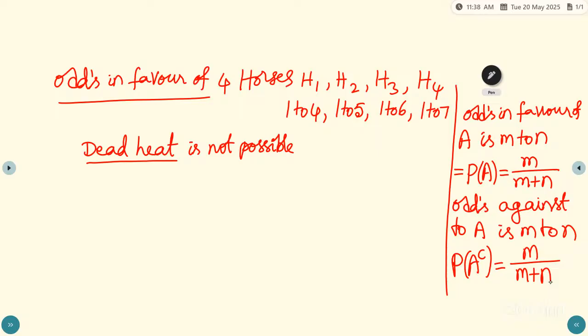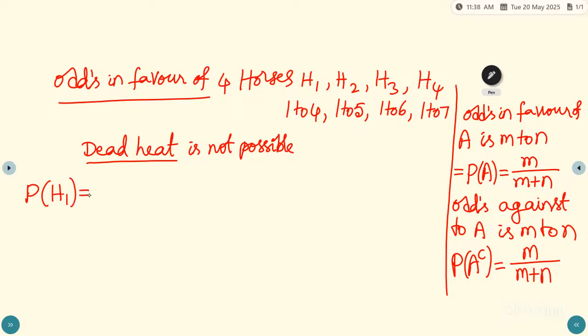Okay, listen. Odds in favor of A means P of A. Odds against means P of A complement. M to N means M by M plus N. Here also M to N means M by M plus N. Now, what is the given data? Odds in favor of 4 horses given. What are those? P of H1. Speak out now.